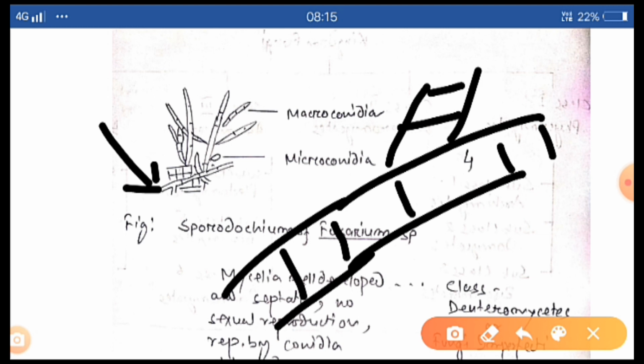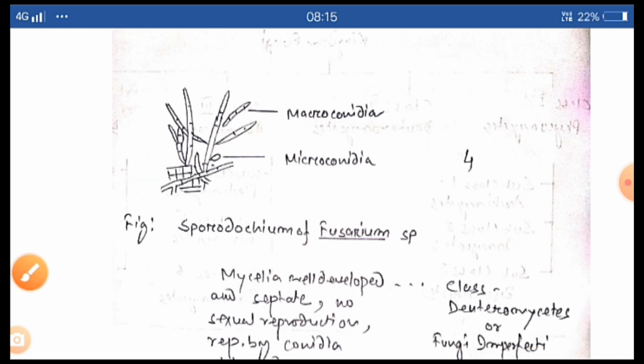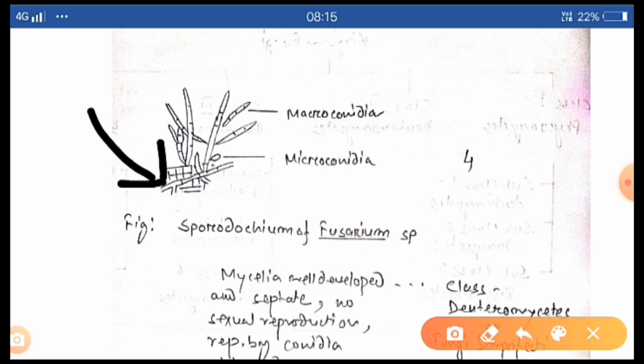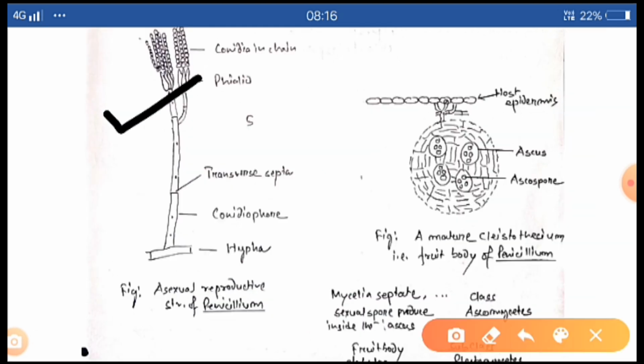If the spores are produced outside the container, then Basidiomycetes. Again I am repeating this one. Here the mycelia is well septate, but the fungus cannot perform sexual reproduction. It reproduces by asexual means. Hence it is placed under class Deuteromycetes.